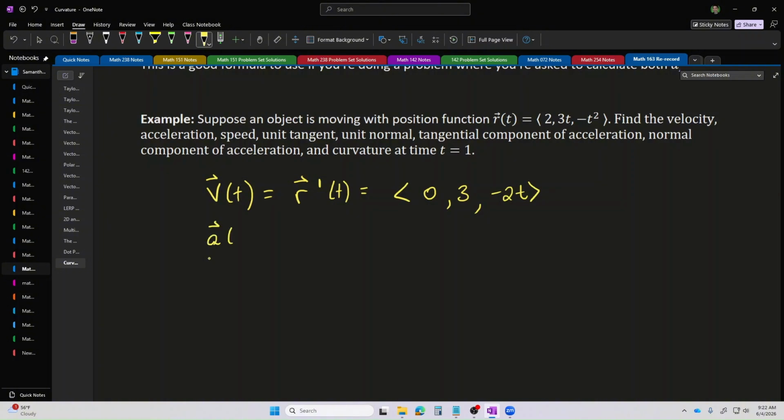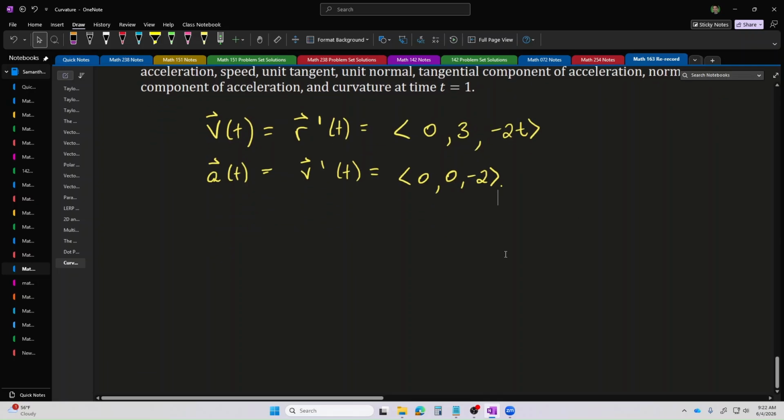Then I'll find the acceleration function by taking the first derivative of the velocity function, which gives me 0, 0, minus 2. Having found the velocity function and the acceleration function, I have completed all the derivatives that will ever be necessary within this entire problem.